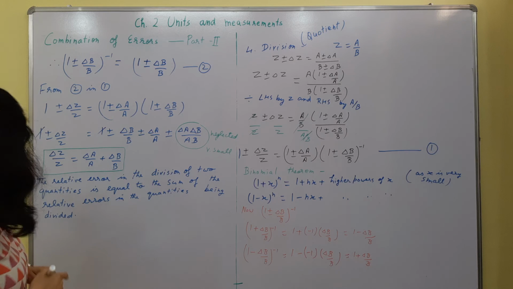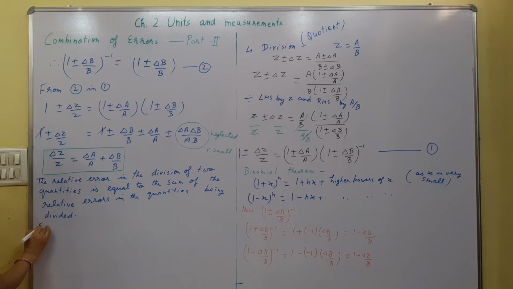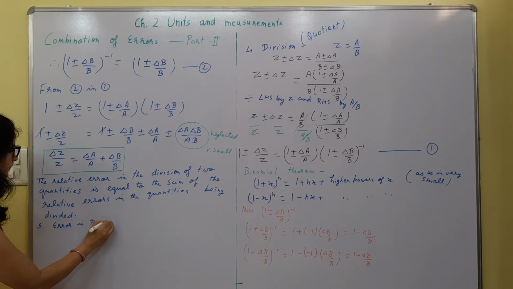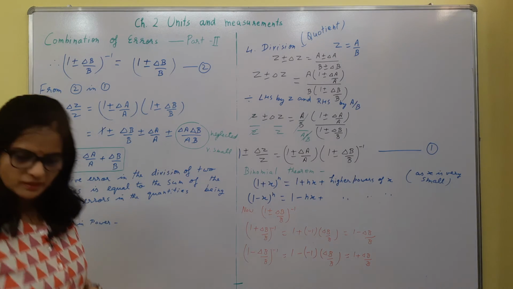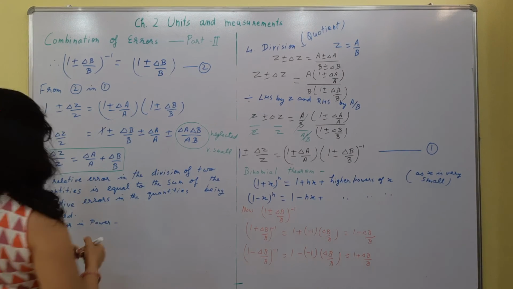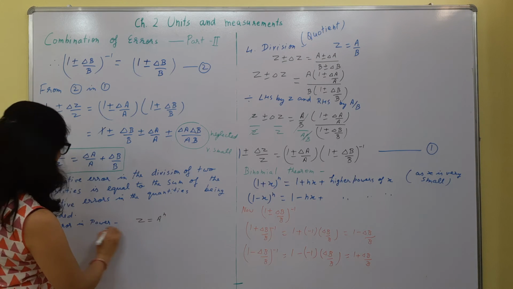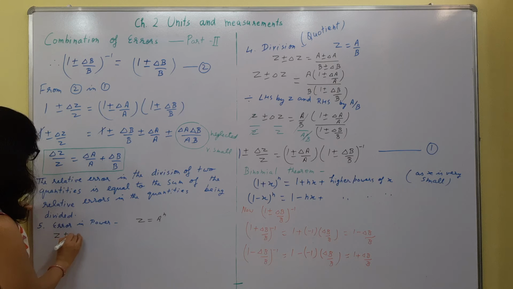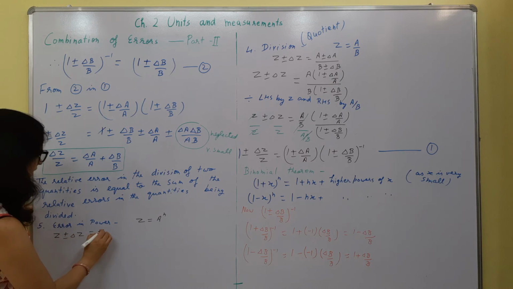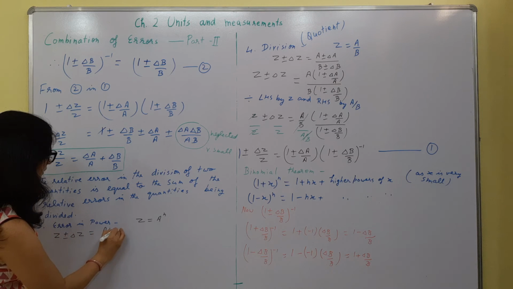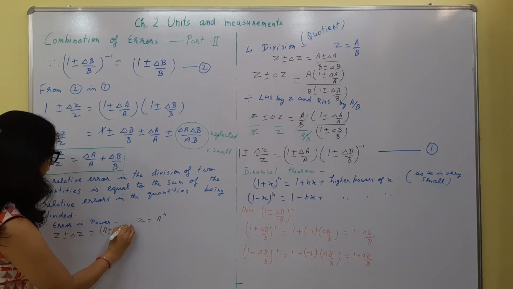We can take another case, the last one. So error in the power. What does that mean? We have z is equal to a to the power n, then z ± Δz will be the error if this quantity is having error.